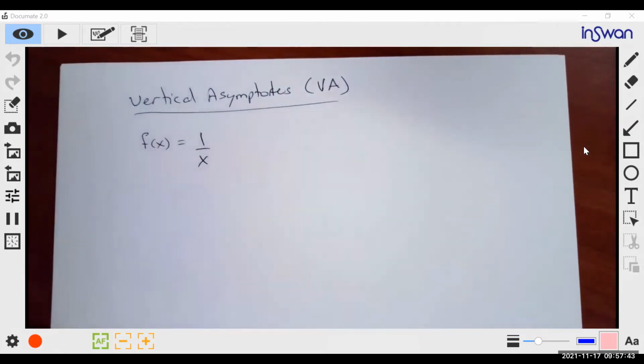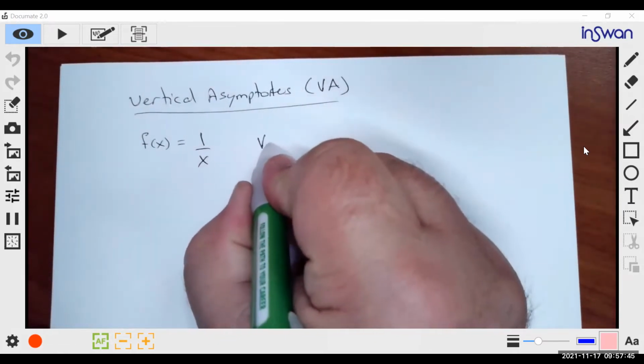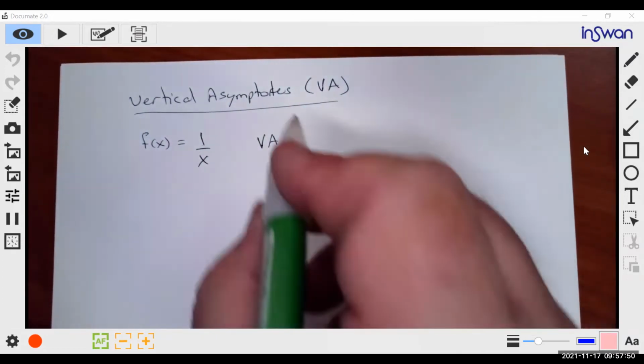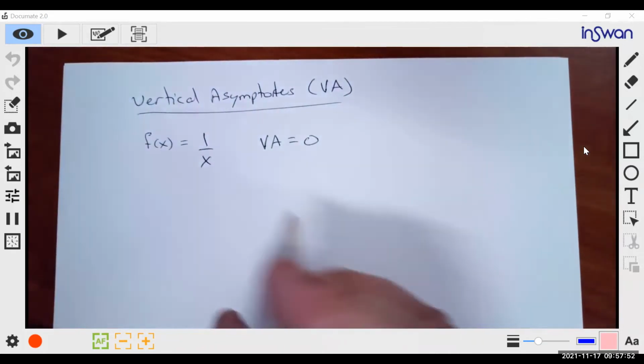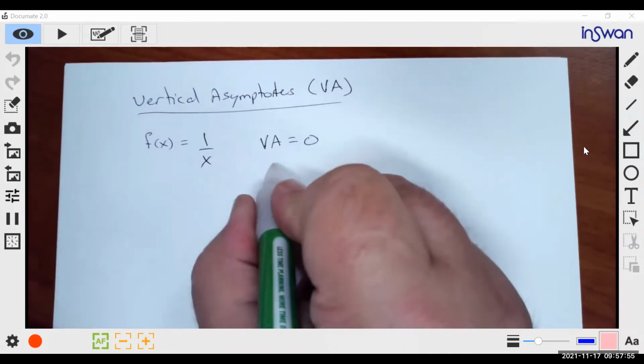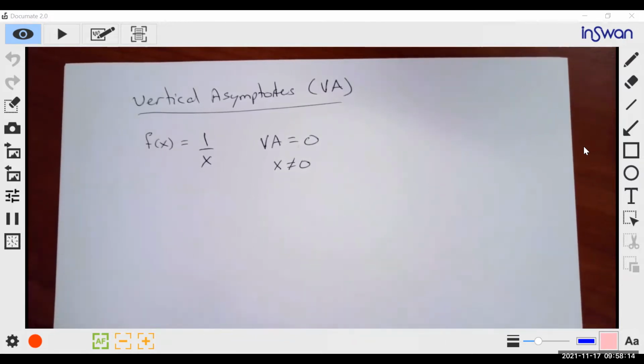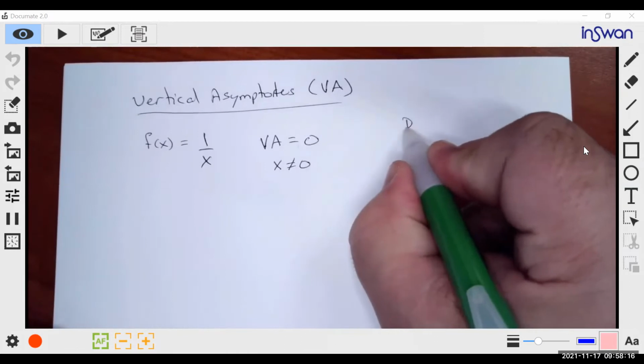What's the vertical asymptote of this one? Yeah, the vertical asymptote is 0, which means the vertical asymptote is the same thing as x cannot equal 0. Now, let's look at the domain.